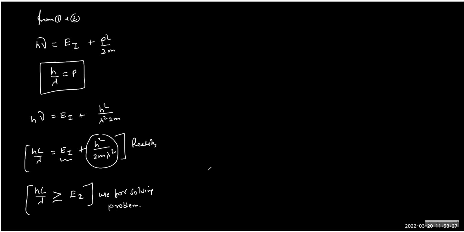Conserving energy in the world of atoms is slightly tricky, and you need to be very careful that we just cannot conserve energy. So what you need to remember is that we solve the problem with the assumption that the absorption criterion is equivalent to h nu equals the energy of excitation.